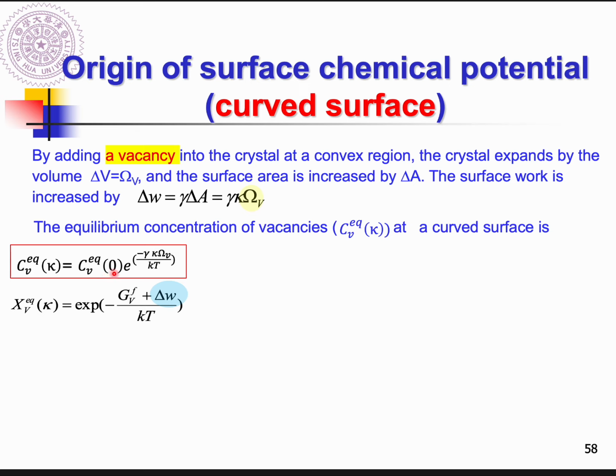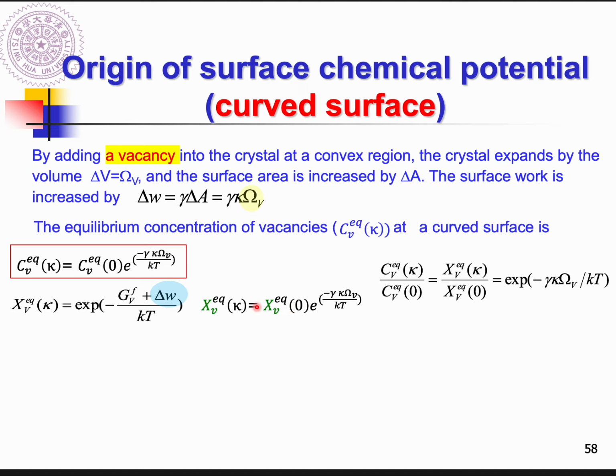Kappa 0 means on the flat surface, right? So the extra term is this term. So either way is okay to express it. Or some people, instead of this concentration part, divide it and get X_V, which is the same idea.